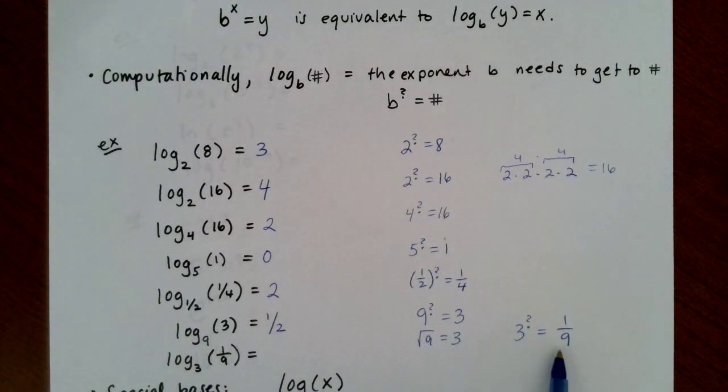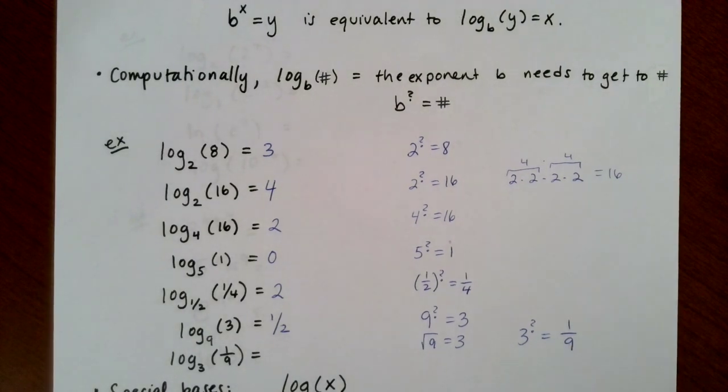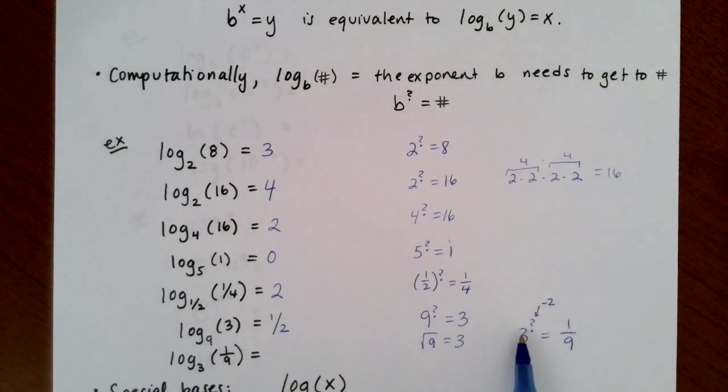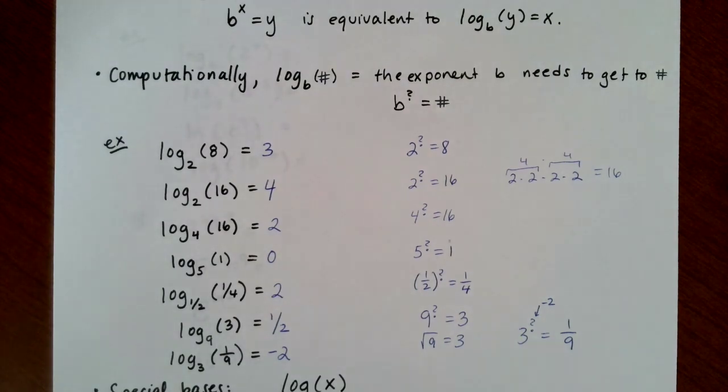So I know to get a 9 from a 3, I would need to square it. And then to get it as a denominator, I would need it to be a negative number. So what I actually need in that spot is -2, because 3 to the -2 power would be 1/3 squared. So this logarithm is equal to -2.